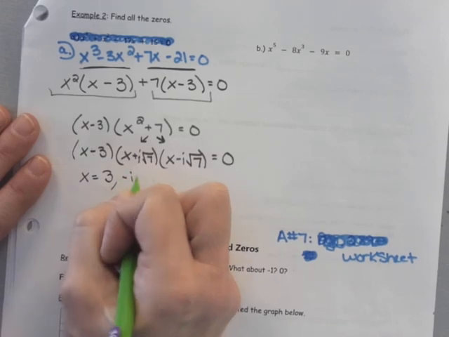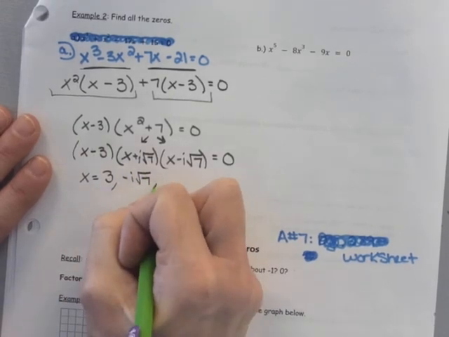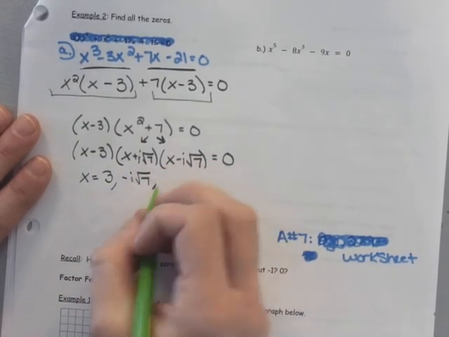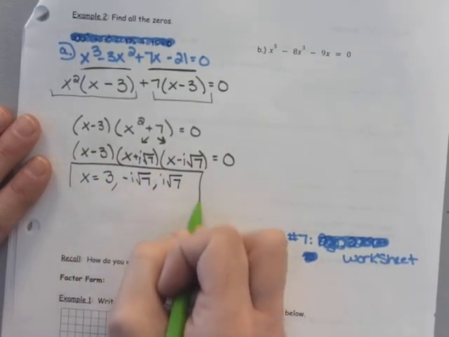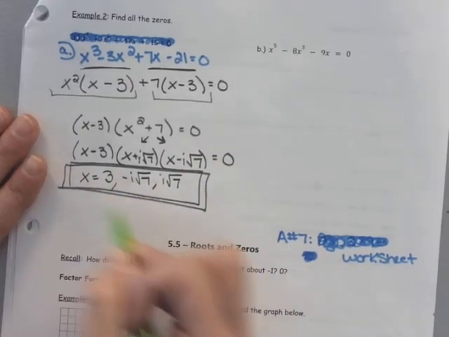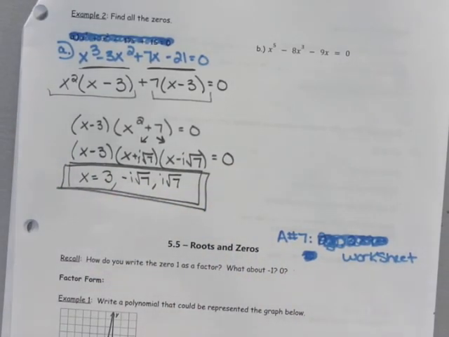Negative i root 7. What would make this 0? Yeah, so you're just thinking like you want to subtract it away. We call those additive inverses when they're things that add to 0. So again, if you have imaginary things or ugly roots or a combo of both in this case, they travel with a buddy, always.